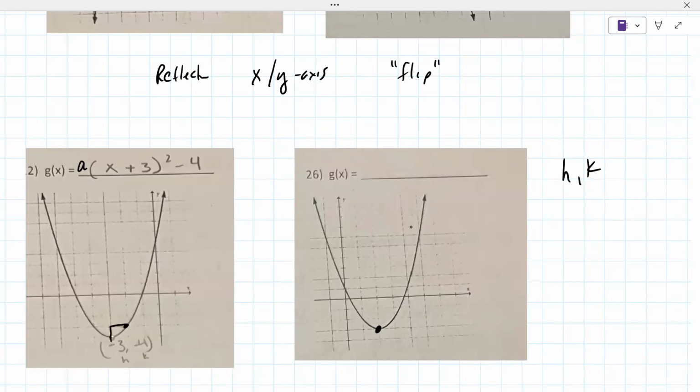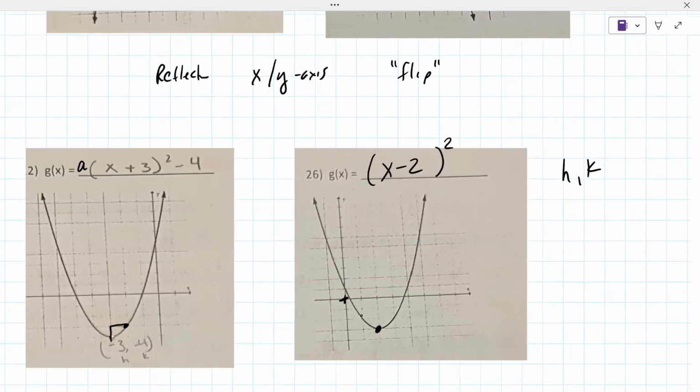X minus 2 squared plus 3. It's down 3 though. So minus 3.